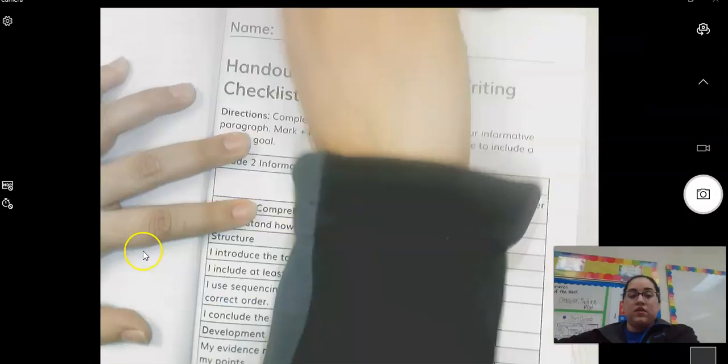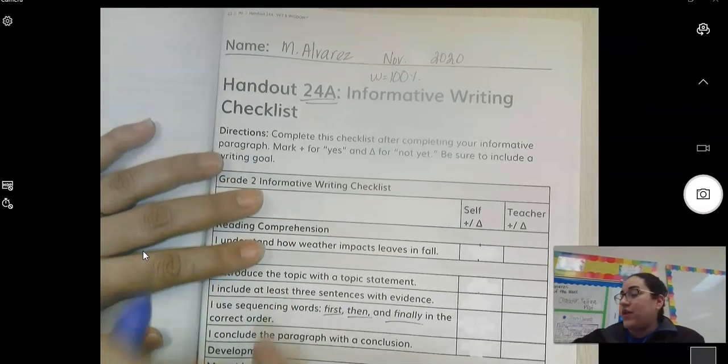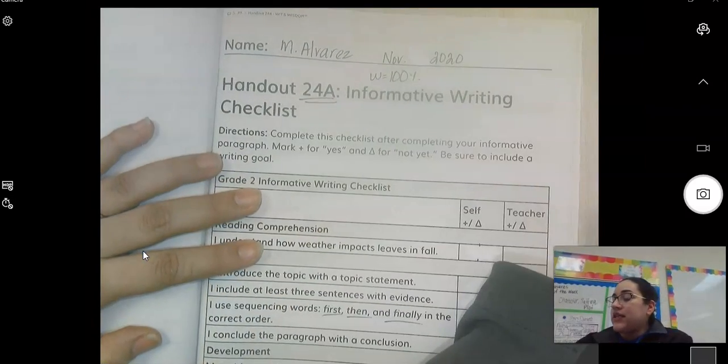I'll give you 10 seconds to get that out. Blue workbook, handout 24A. 10, 9, 8, 7, 6, 5, 4, 3, 2, awesome. So we have our handout 24A.